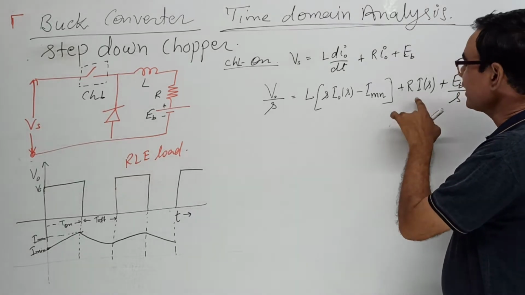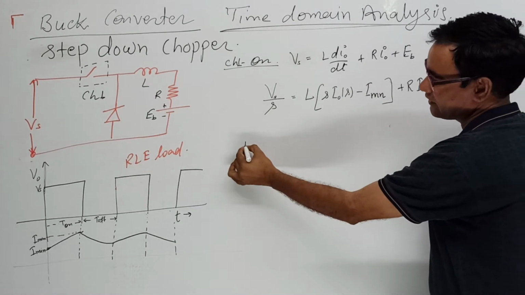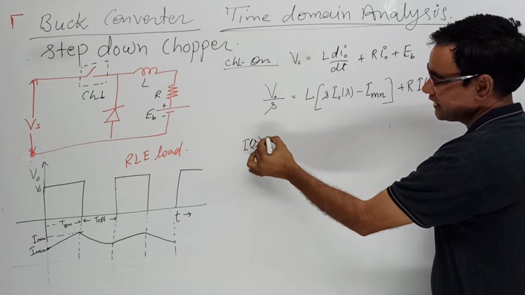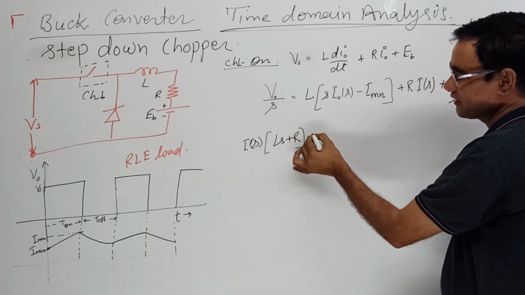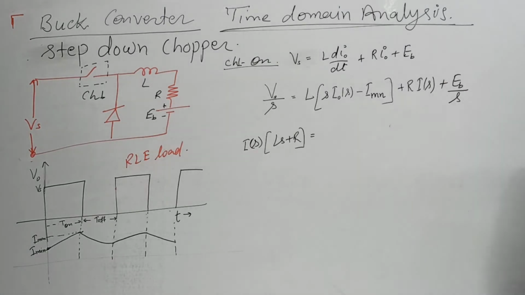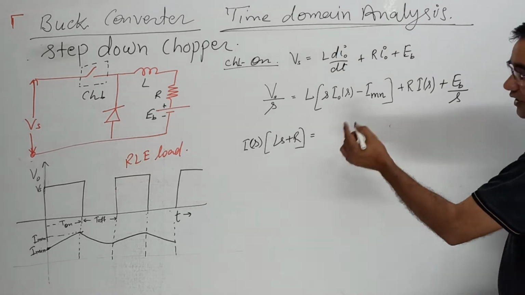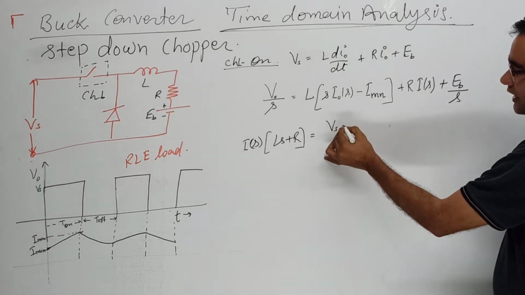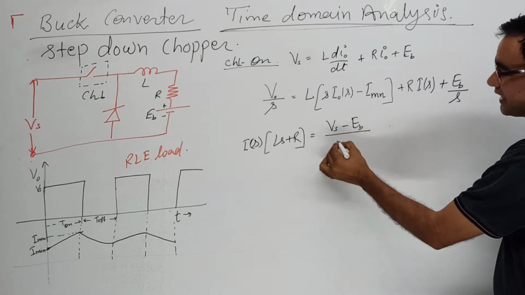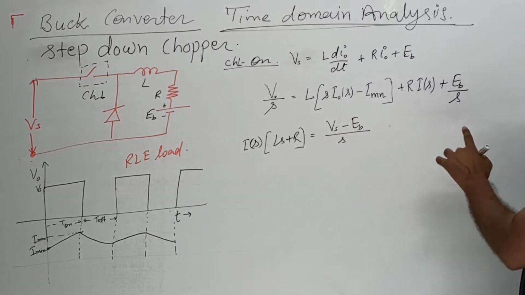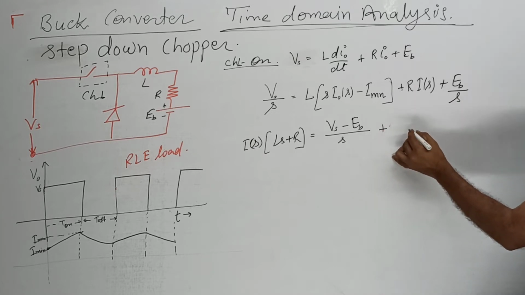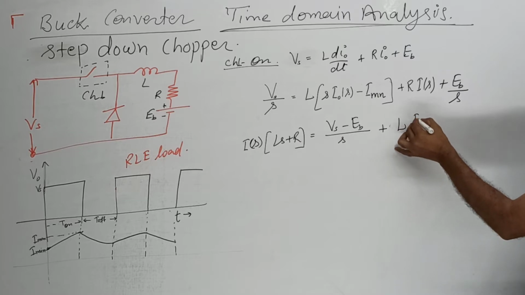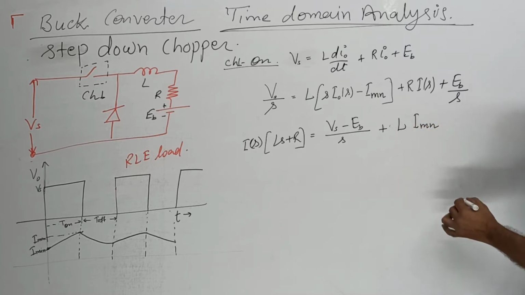So we take I of S as a common factor, so it is (Ls plus R) I of S equals the remaining terms: (Vs minus E B) by S, plus L I minimum.